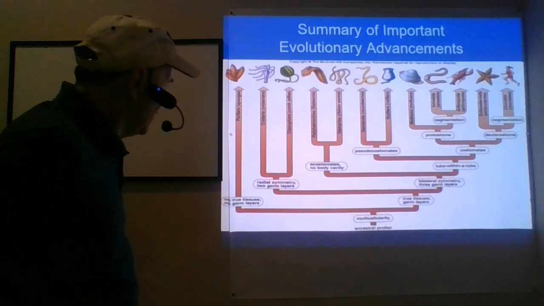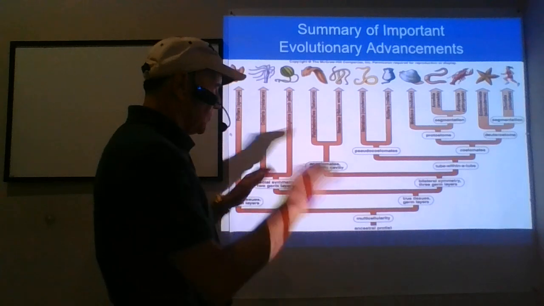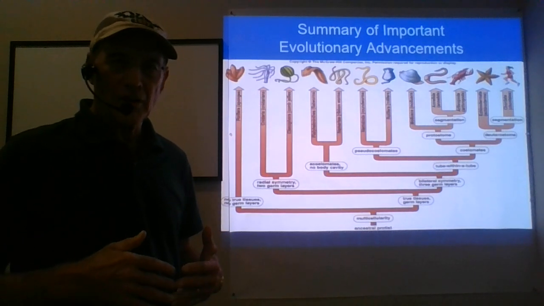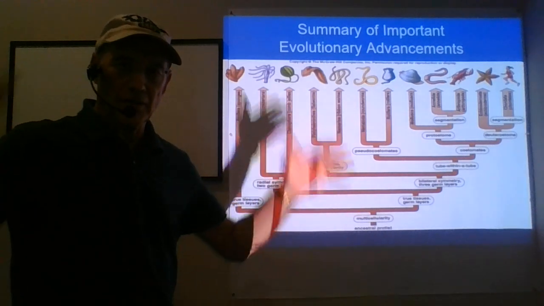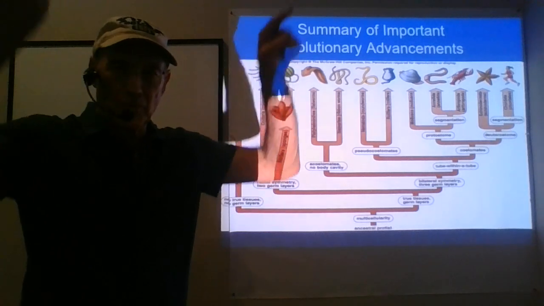Here are some of the features that they know arose earlier or later in evolutionary time, and they've used those to separate the organisms.